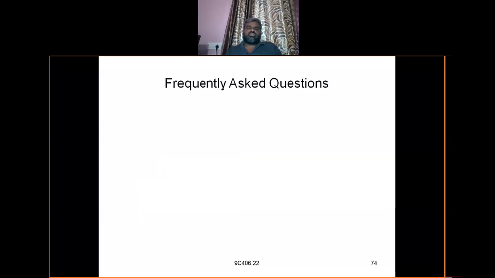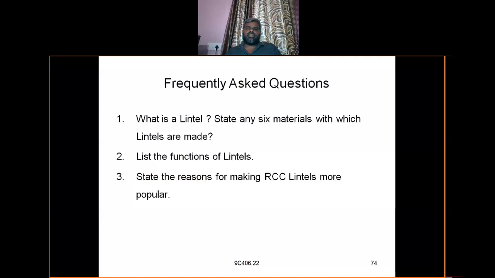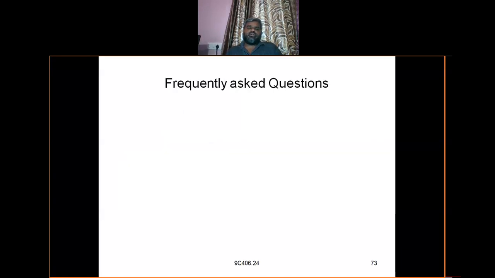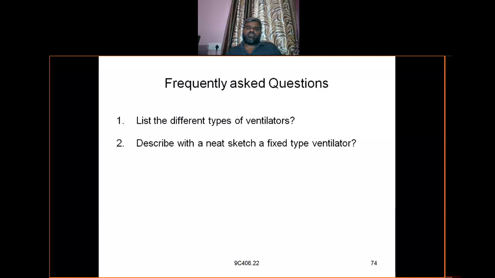Some of the questions that arise from this chapter: What is a lintel? State any six materials with which lintels are made. List the functions of lintels. State the reasons for making RCC lintels more popular. List the different types of windows. Describe with a neat sketch a fixed type ventilator.